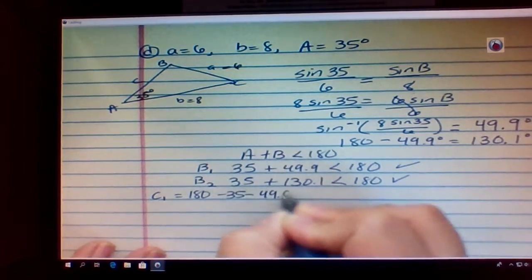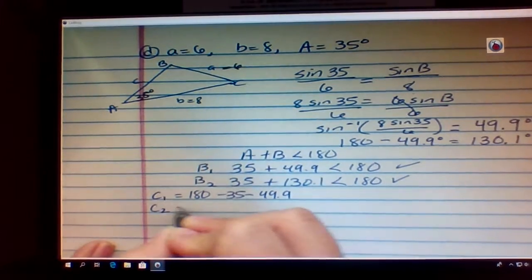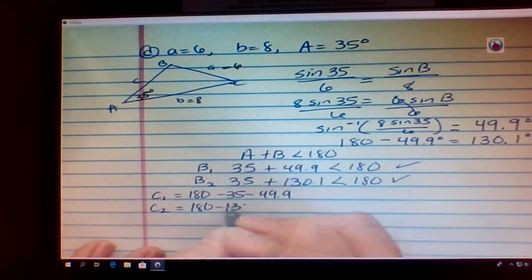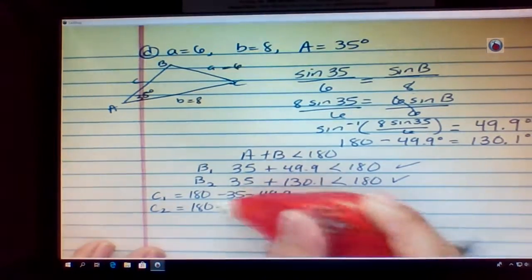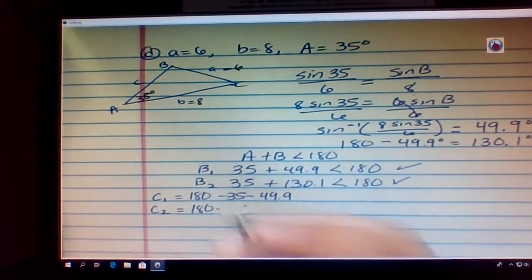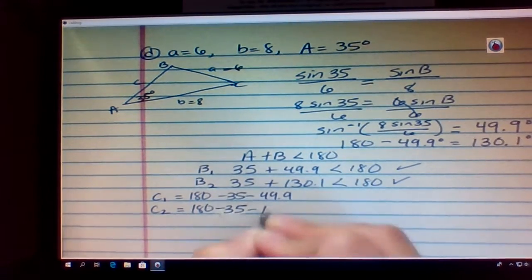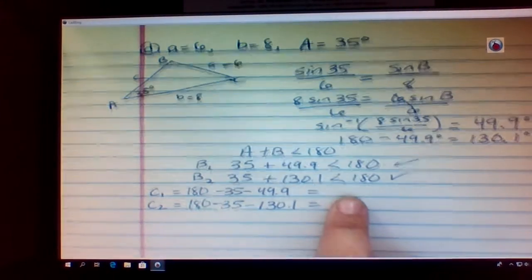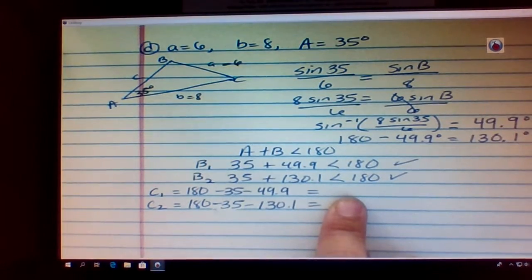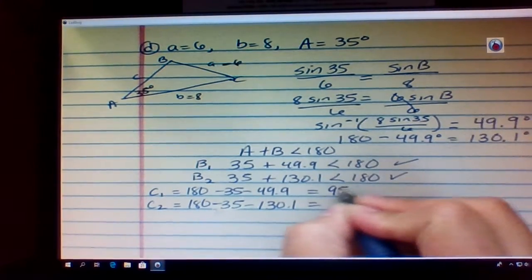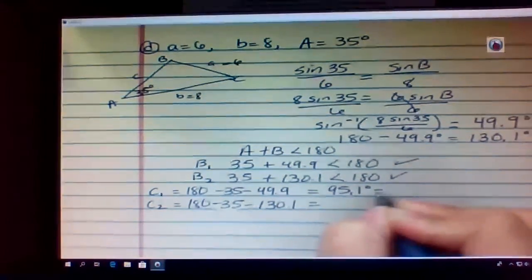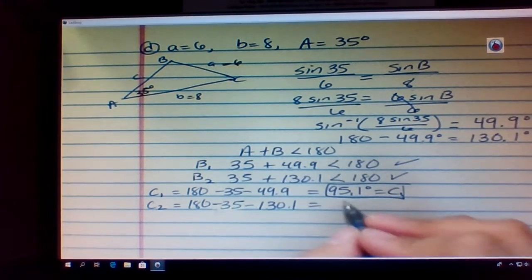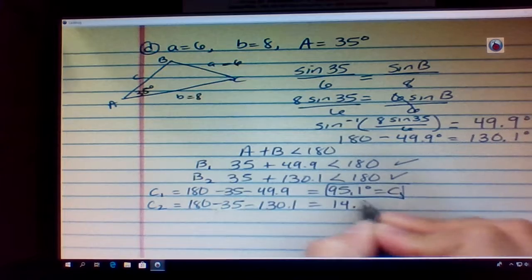For the other one, 180 minus 35 and minus 130.1. So this one becomes what? 95.1 degrees. This is for C sub 1. And the other one is 14.9 degrees for C sub 2.